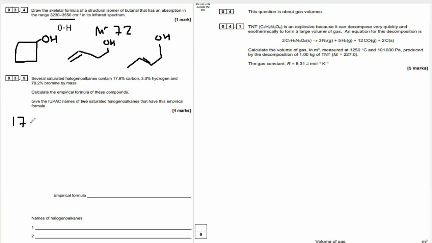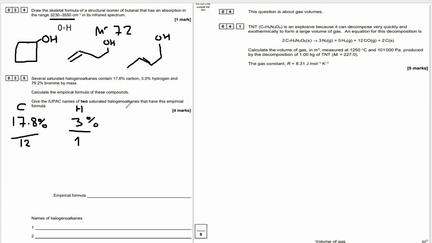I always just pretend these percentages are grams, like you're doing a mole calculation. So we want to do 17.8 over 12. Then the 3% over 1. The 1 is the Ar of hydrogen, the 12 is the Ar of carbon. So this is my carbon, this is my hydrogen.